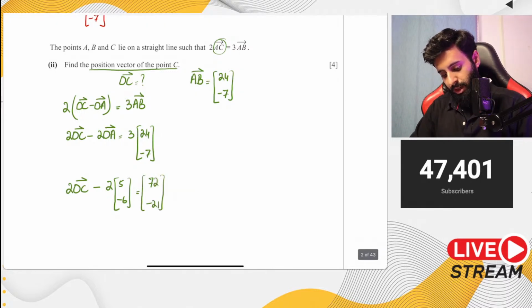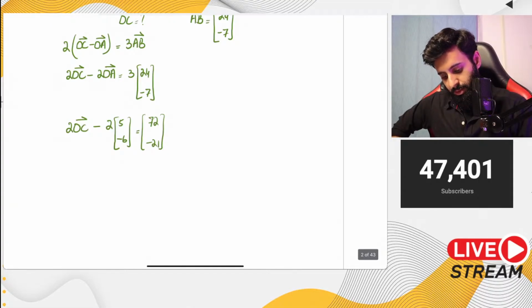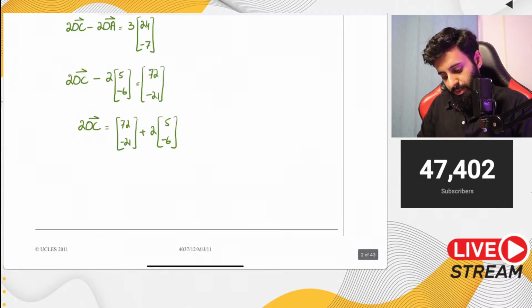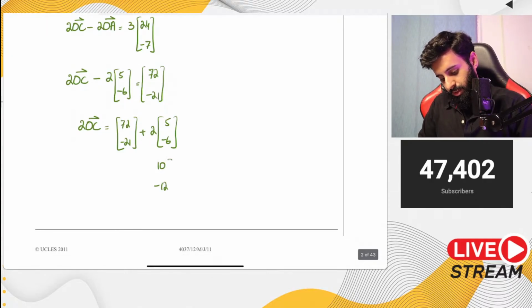All right, now let's see what happens. Here's what we have. 2 times of OC is equal to 72 and minus 21 plus 2 times of 5 and minus 6. Okay, so 2 times of 5 and minus 6 basically becomes 10 and minus 12.